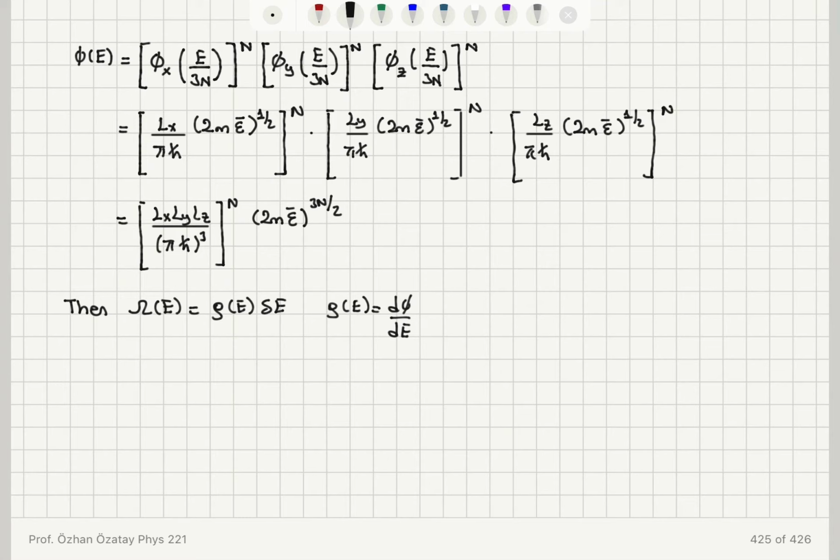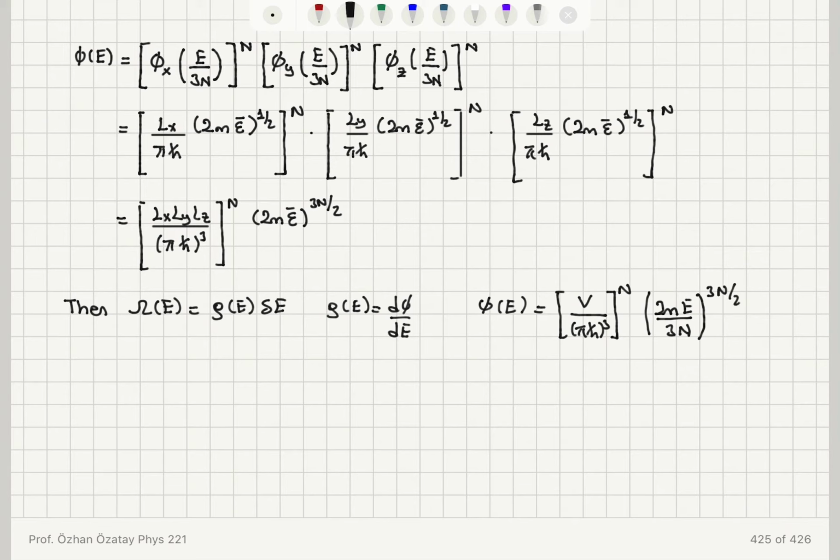So since I have phi of E now given as the volume divided by pi h bar cubed to the power capital N, and then 2m the total energy E divided by 3N to the power 3N over 2.